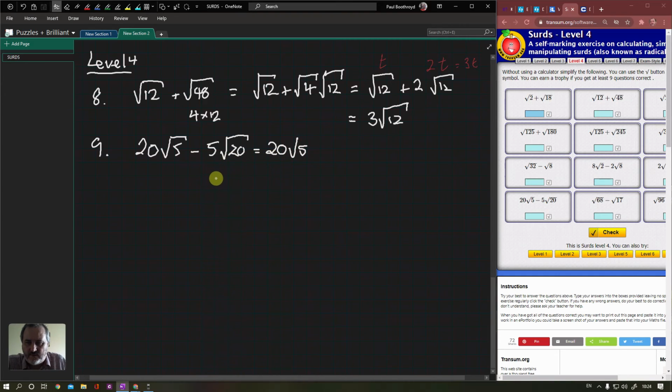I want to write this in the form of something times the square root of 5. Well, 5 times 4 gives me the square root of 20. So we're going to subtract from this 5 times the square root of 4 square root of 5. Square root of 4 is 2, so we've got 20 minus 2 times 5, which is 10.